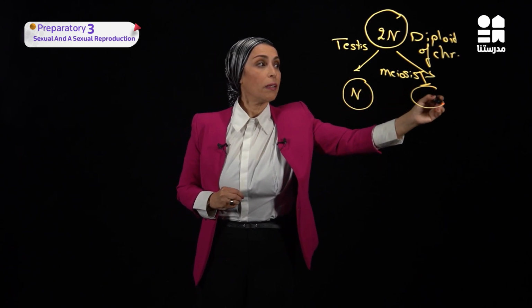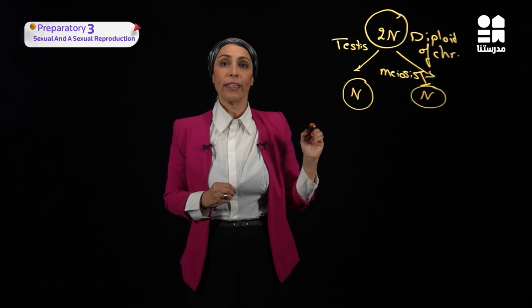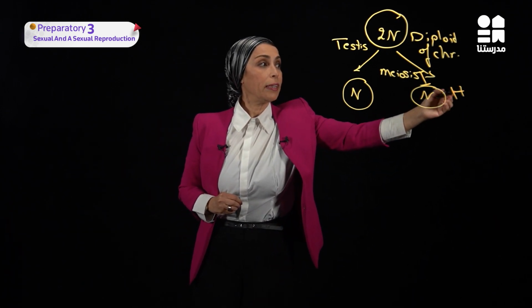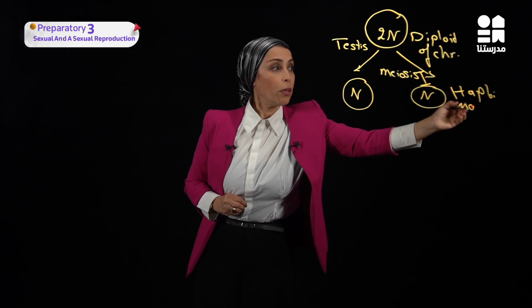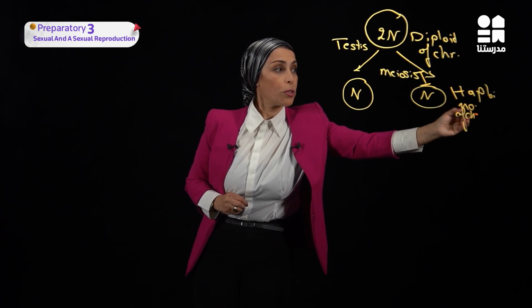What happens? Each one of those cells produces gametes containing a haploid number of chromosomes. Each one gives me 2 cells, here diploid, here haploid number of chromosomes.